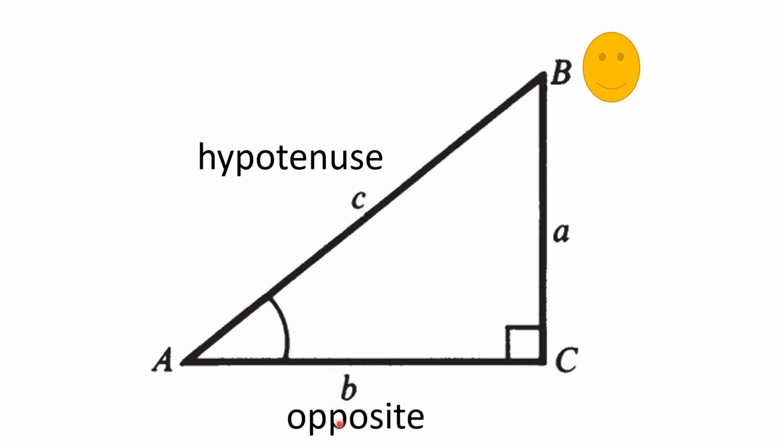Side b is now the opposite because it is right across angle B. And side a is beside angle B, so that's the adjacent side.